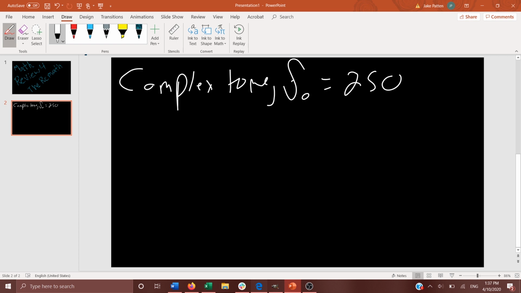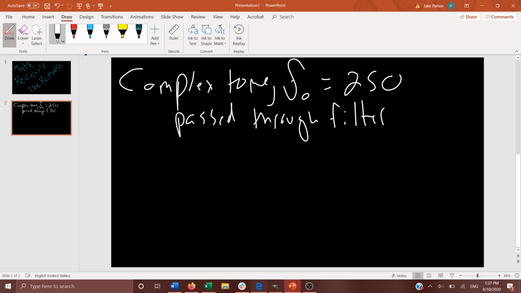Now that's passed through a tube, I should say, not a filter. Well, we could do either one. Maybe it's passed through a filter with a high pass. Yeah, let's do that. It's passed through a high pass filter.